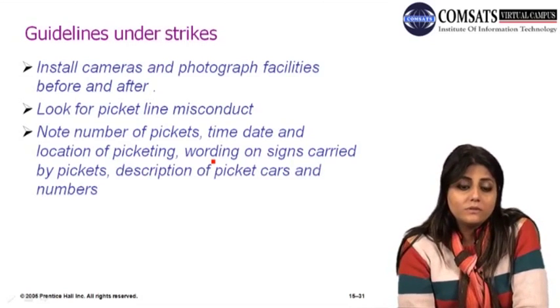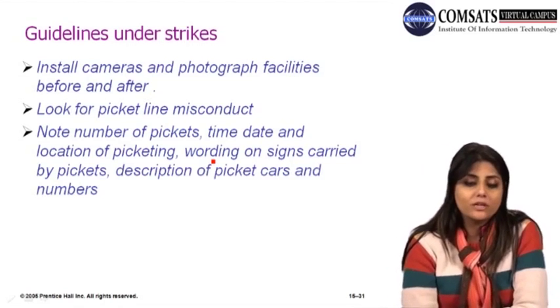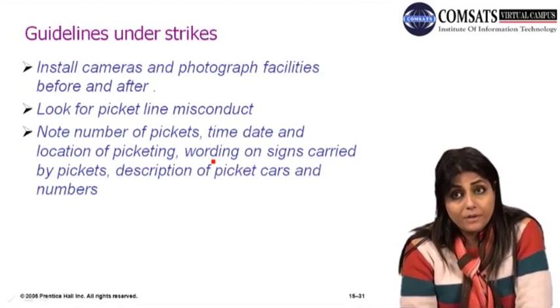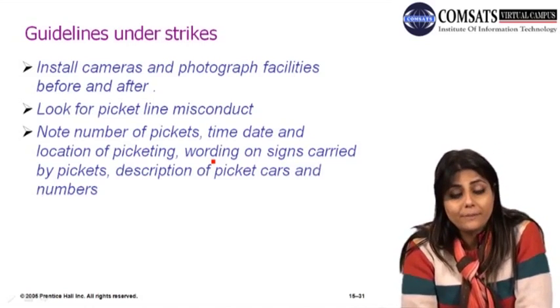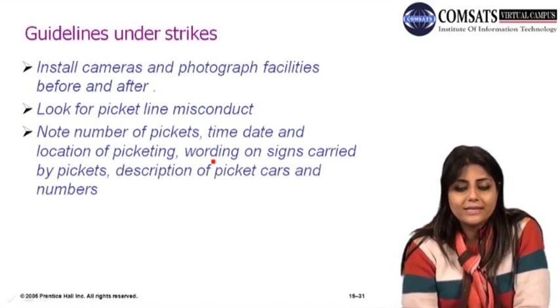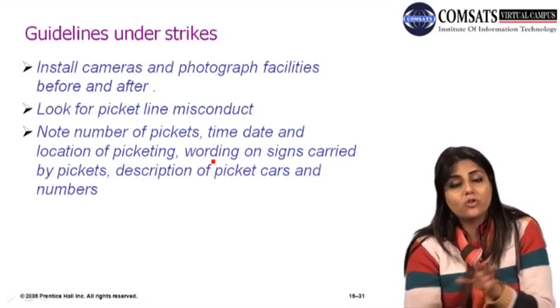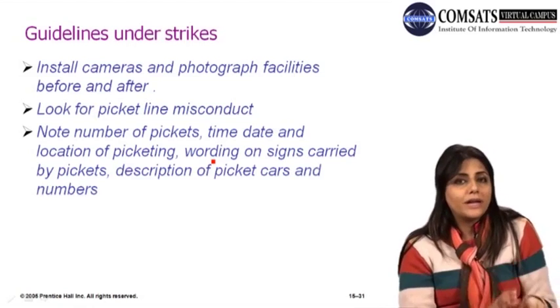So the employer thus needs to carefully examine any misconduct on the part of the striking employees. The employer should also note the number of pickets, the time, date, and location of picketing, wording on signs and signboards carried by pickets, and description of picket cards and numbers. All those records should be maintained, right?